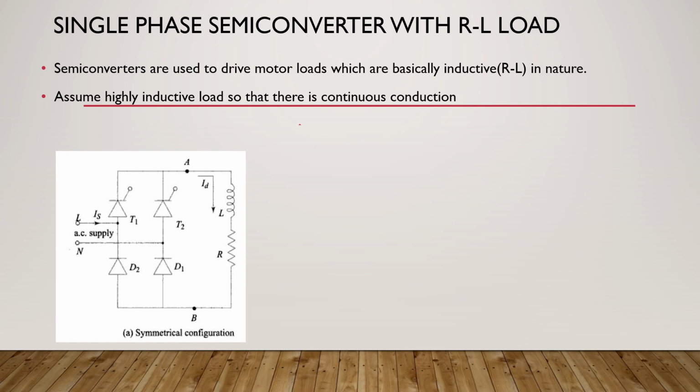So we are firing the thyristor T1 at alpha. From alpha to pi, the combination of T1 and D1 will conduct as usual, and the output voltage is going to be equal to the supply voltage. Yes, we know this.